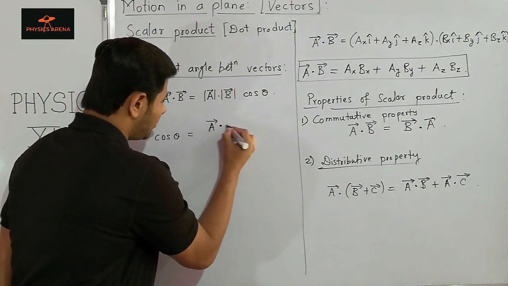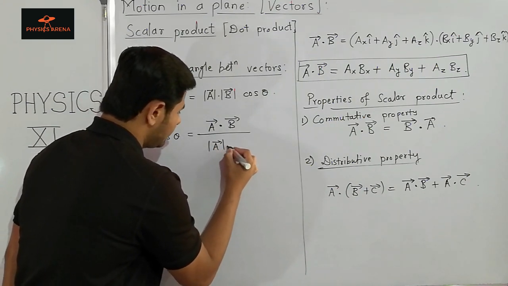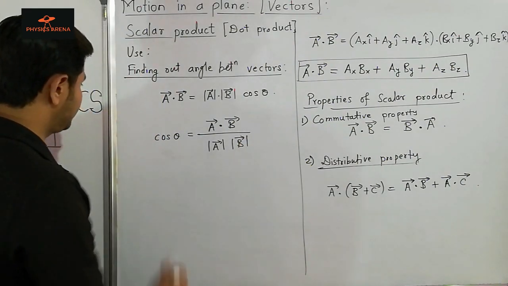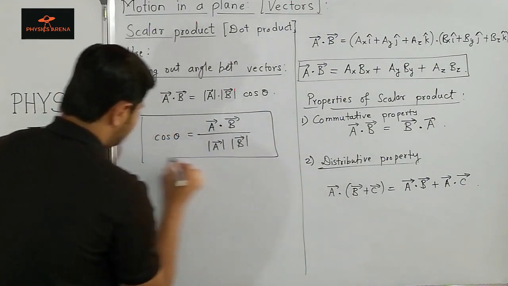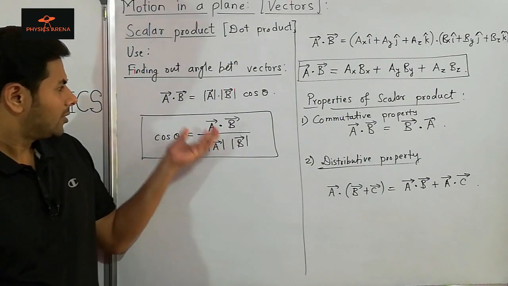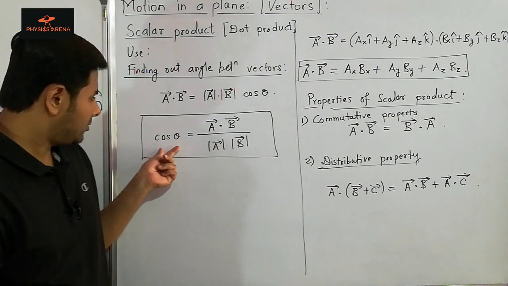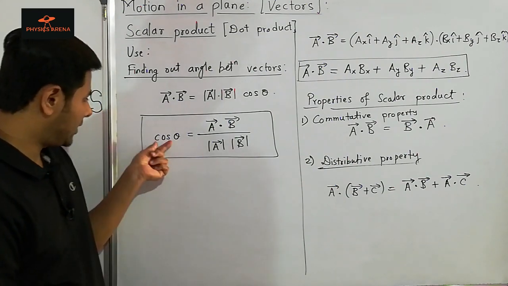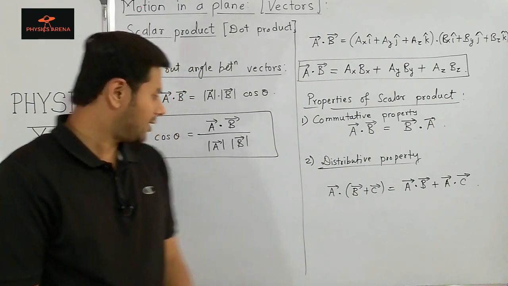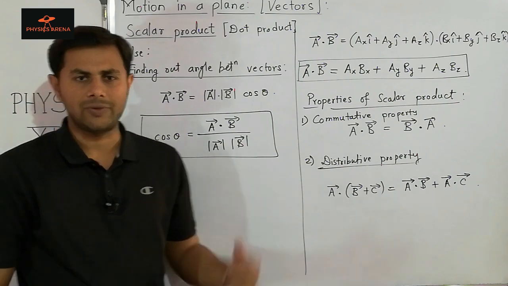It is a bar dot b bar divided by magnitude of A multiplied by magnitude of B. So this formula is worth memorizing, or actually this formula and the previous one are the same, but using this we can find theta. If we take cos on the other side and take cosine inverse of the right hand side, we'll get the angle theta between the two vectors.